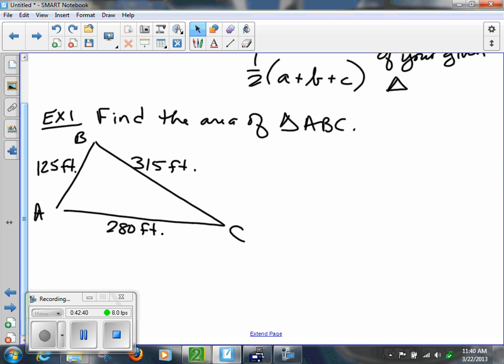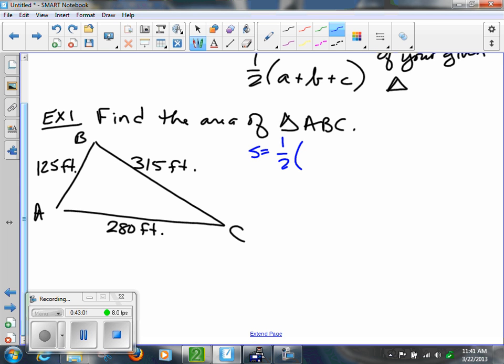Look at this. We've got 125 feet, 315 feet, and 280 feet. Write this down. What's the first thing we got to find before we write? I got to find S. I got to find the semi-perimeter.